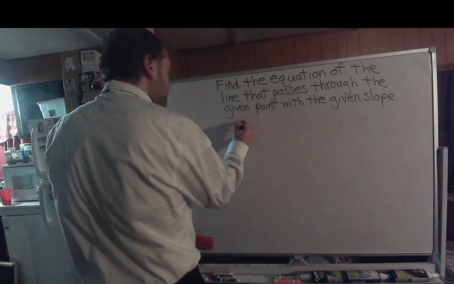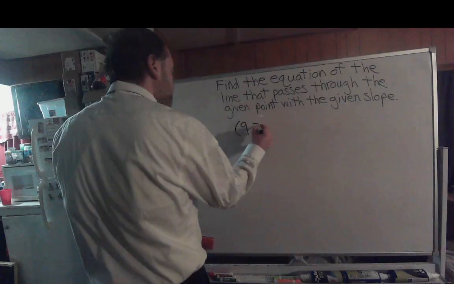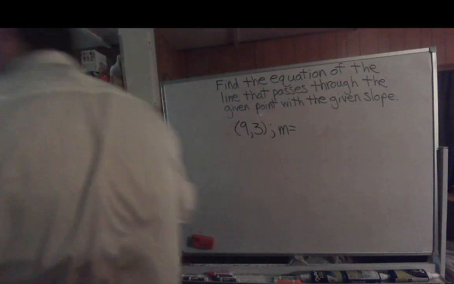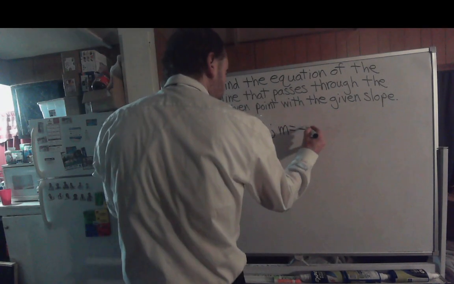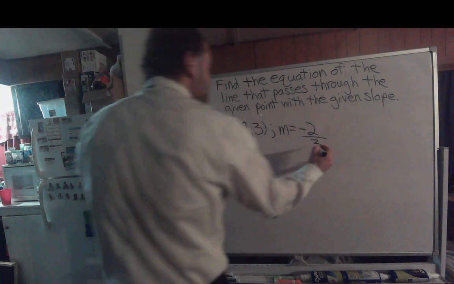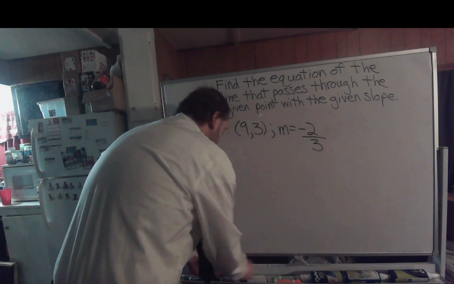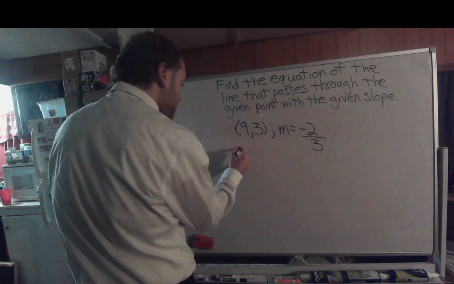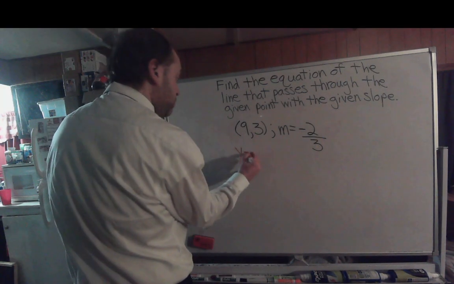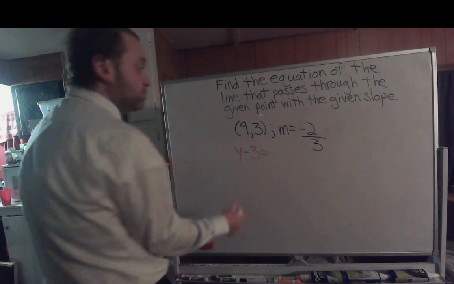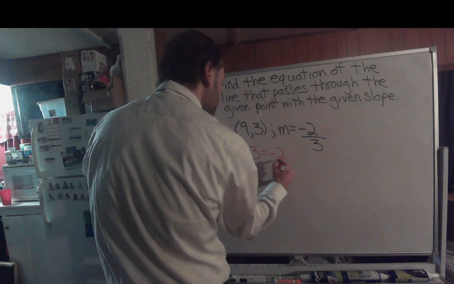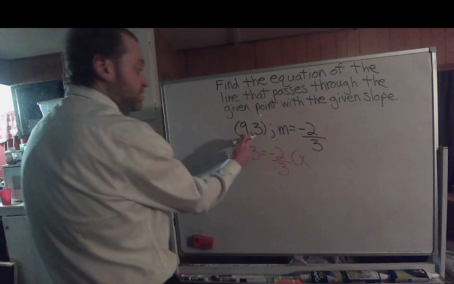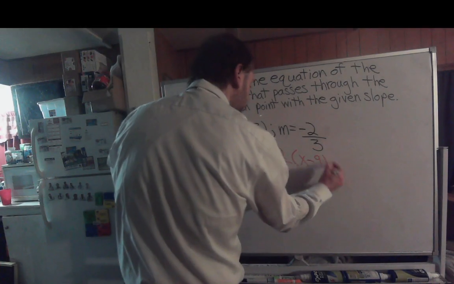All right, what if the line passes through the point 9, 3 with the slope of negative 2/3? So we have a line that passes through the point 9, 3 with the slope of negative 2/3. So you'll take y minus your y-coordinate of 3, set that equal to your slope, which would be negative 2/3, times the quantity of x minus your x-coordinate of 9.